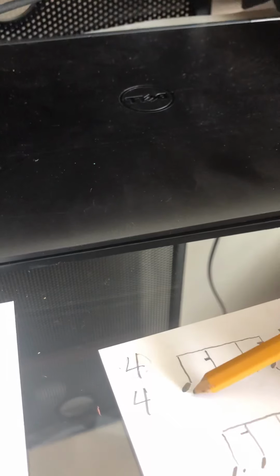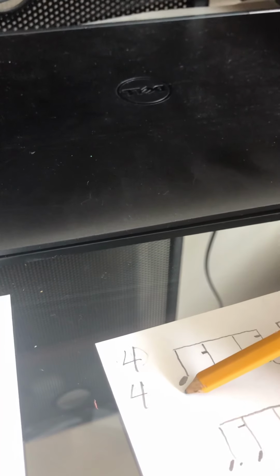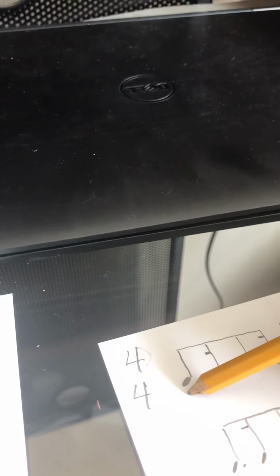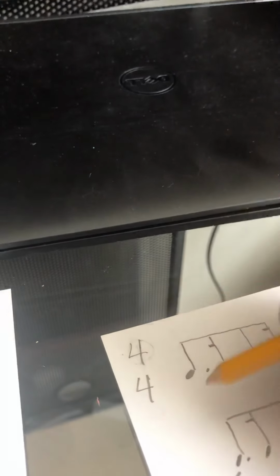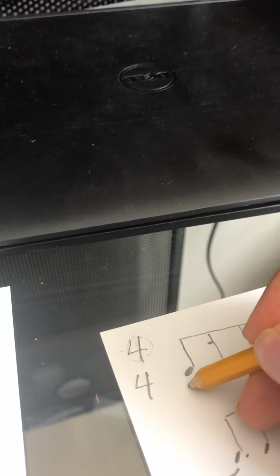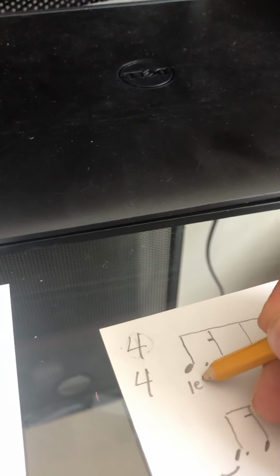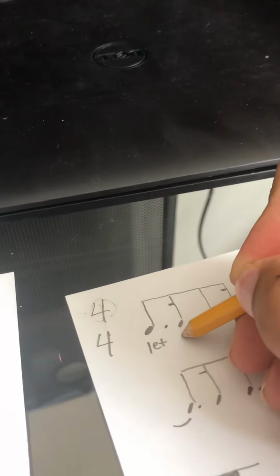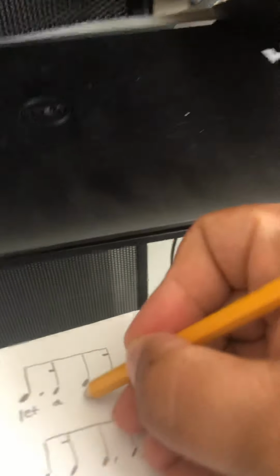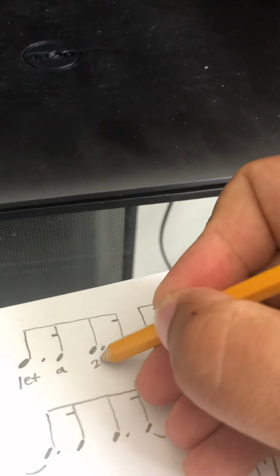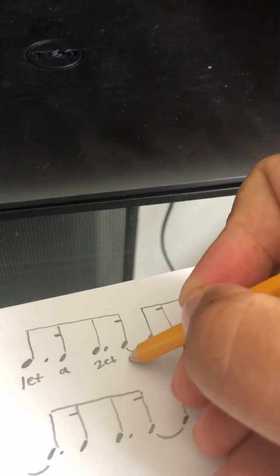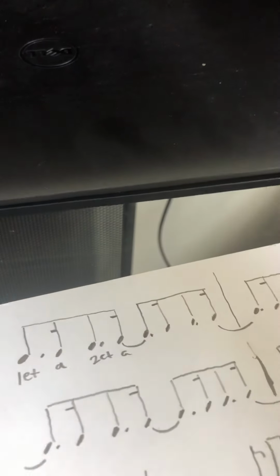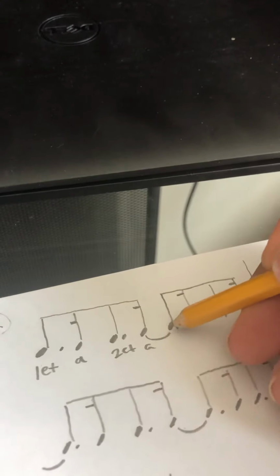So we have a dotted eighth note right on the first beat. So this would be 1 E and, then we have a single eighth note. Then here comes the next one, 2 E and, okay, and then we know what this is already.